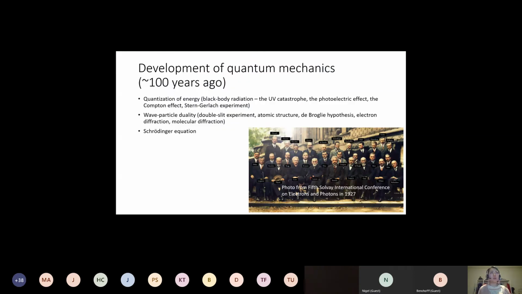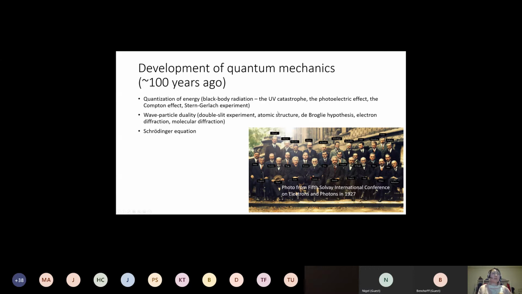And there are a lot of other experiments that people did that really lit up the whole physics field, showing that there's something new that we didn't know about. So we will not go through these experiments, but look them up yourself.